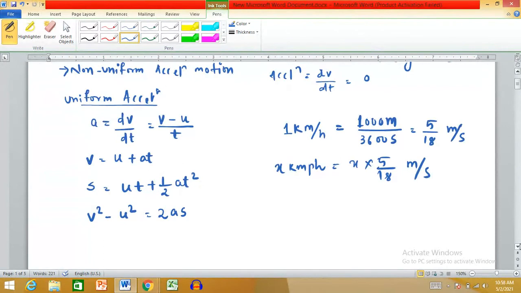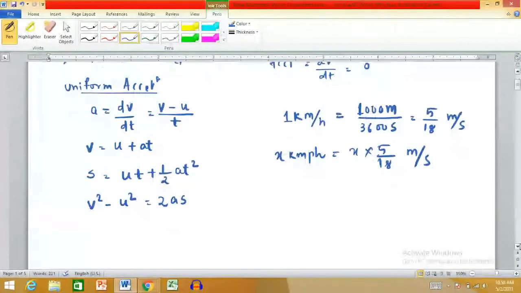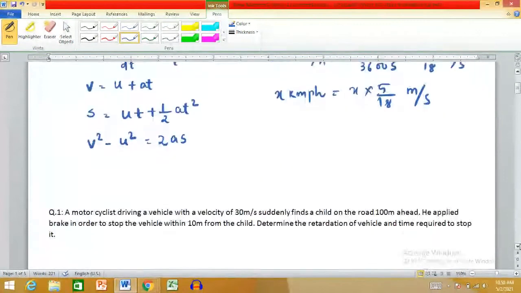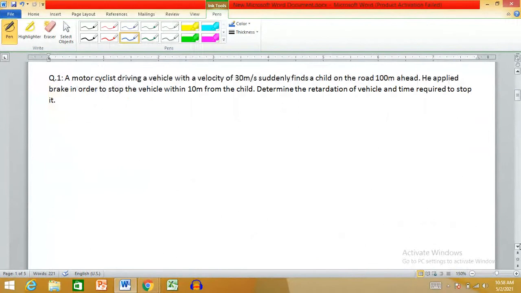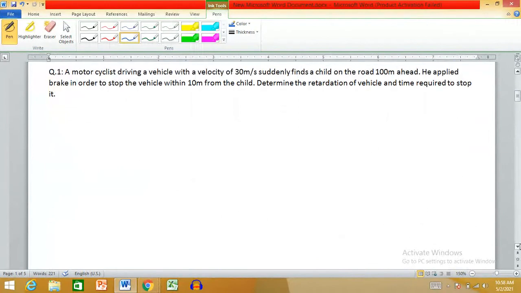So we will directly go to our numericals without wasting any time. We'll start with the easy one. A motorcyclist driving a vehicle with a velocity of 30 meter per second, always try to mark the data given, suddenly finds a child on the road 100 meter ahead.